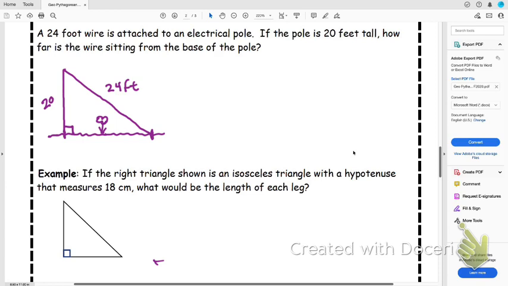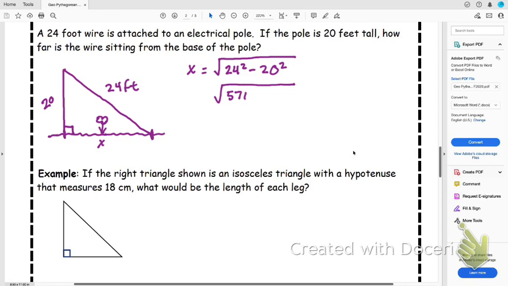A leg. So that would be x equals the square root of the hypotenuse squared minus the leg squared. So even story problems with this can't be that hard, can they? There's only 3 parts. So 24 squared is? No clue. We just had it earlier.